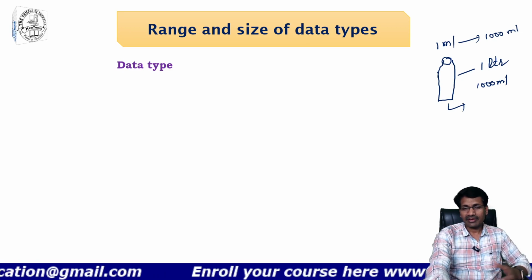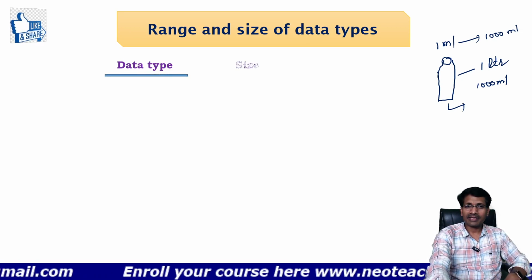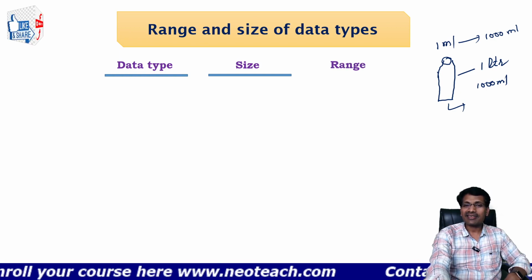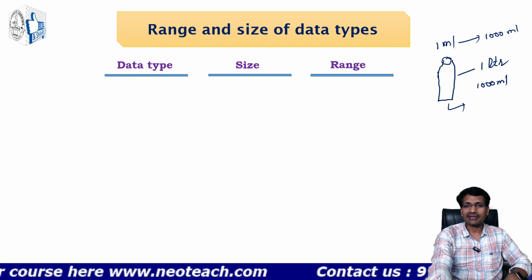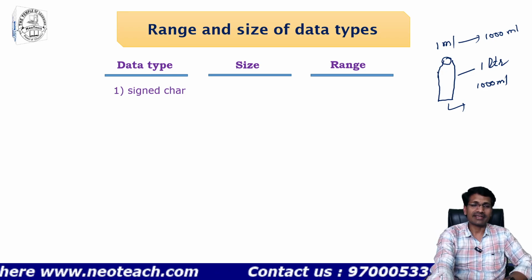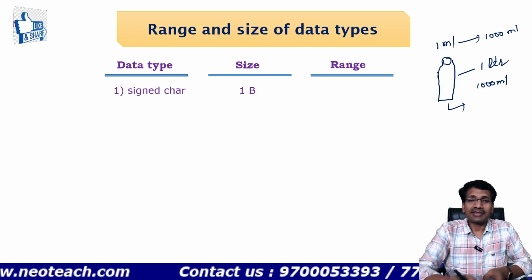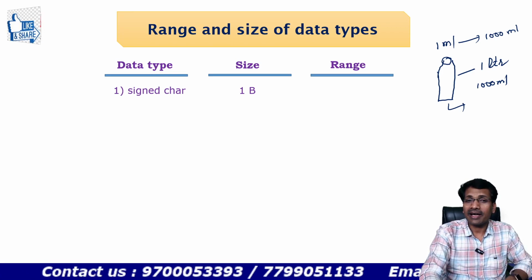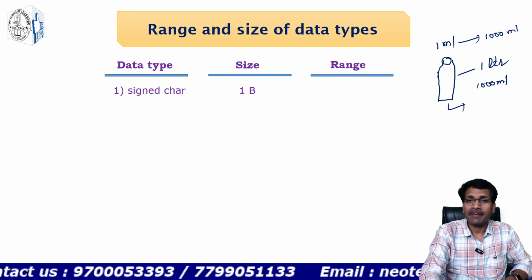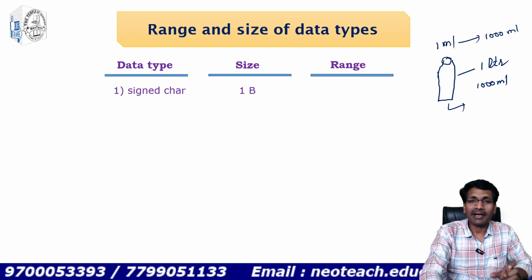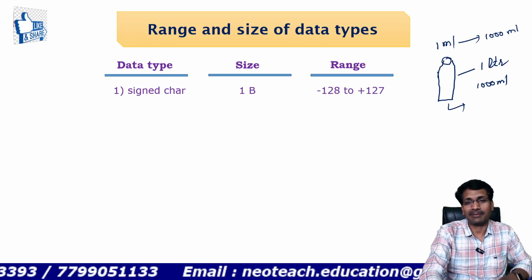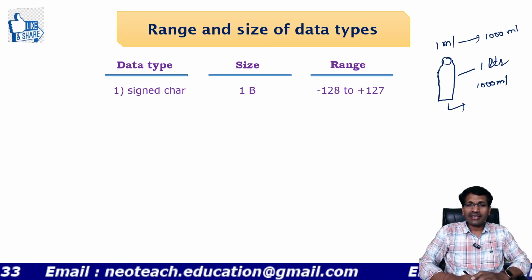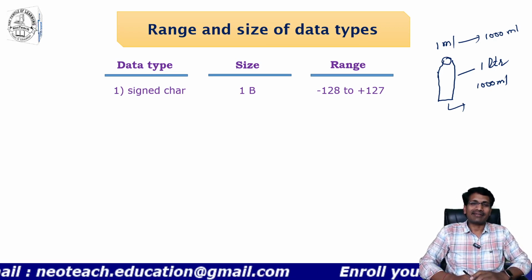So I will list the data type, followed by its size, followed by its range. First we go for signed character. When you create a variable with signed character, it occupies 1 byte of memory, meaning the compiler creates 1 byte of memory for that variable internally. The range is minus 128 to plus 127.